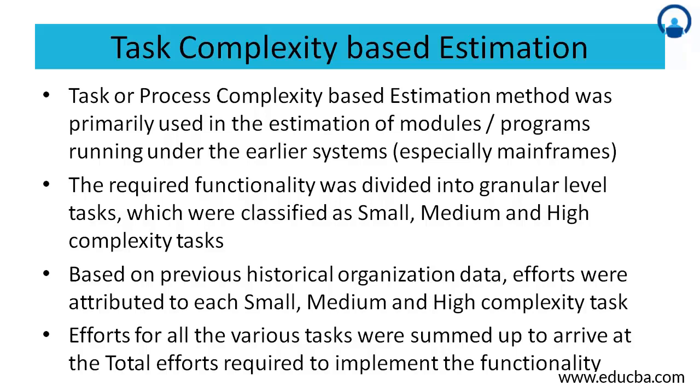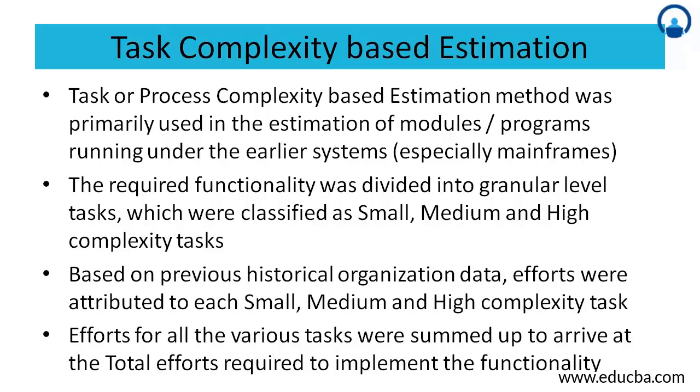The required functionality or the feature, as we call it, would be divided into a granular level of tasks, which were classified as small, medium, and high complexity tasks. In some cases, we would also create a very high task, as an exception to account for very complex tasks.